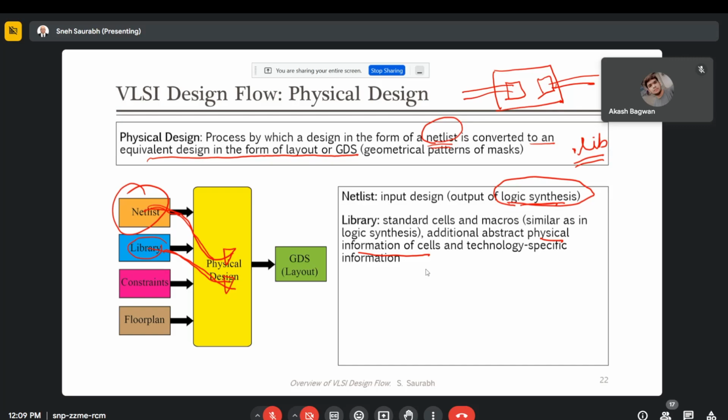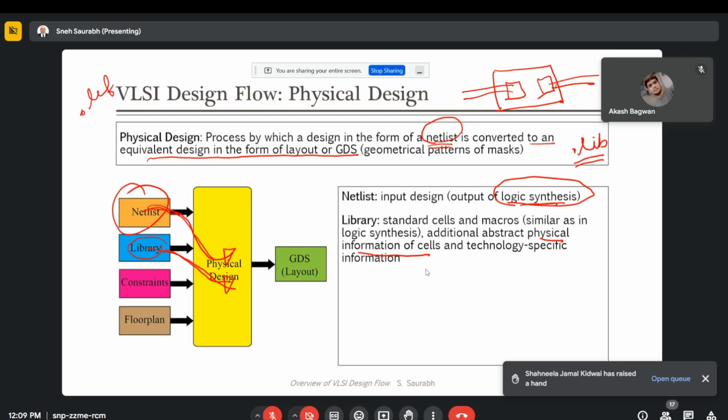Those information are given in a set of libraries which are known as LEF files. LEF stands for Library Exchange Format. These LEF files are basically used in Cadence.